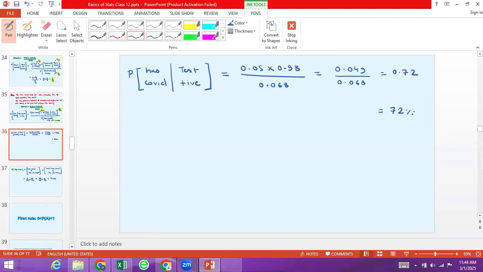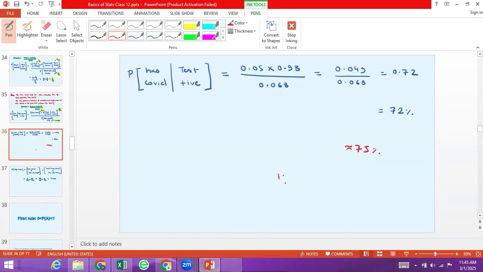So although the COVID testing kit was 98% accurate, even then, if your test result comes positive, the chance that you actually have COVID is not 98%, it is 72%. Let's account for some error and assume it to be 75%.